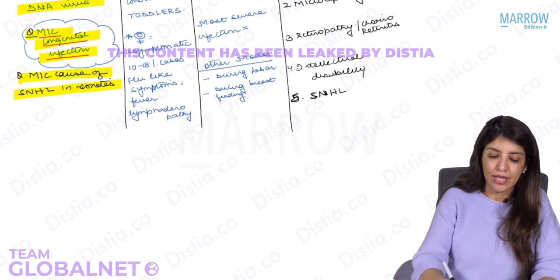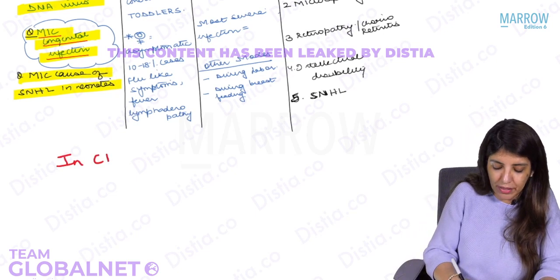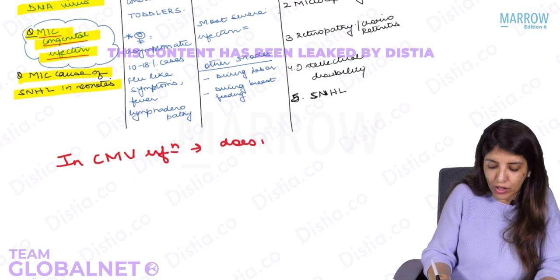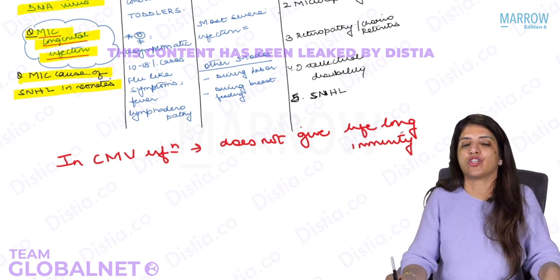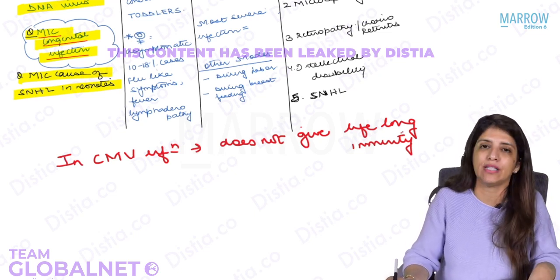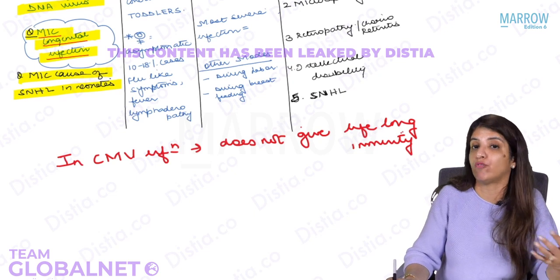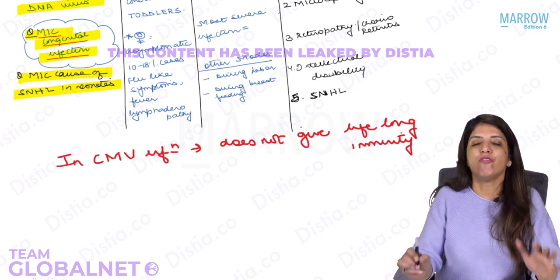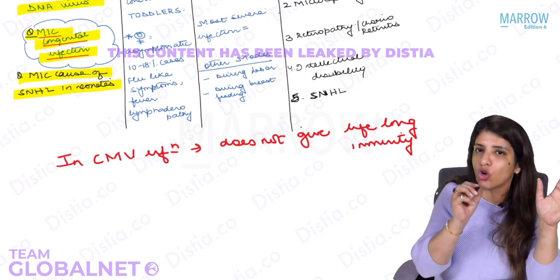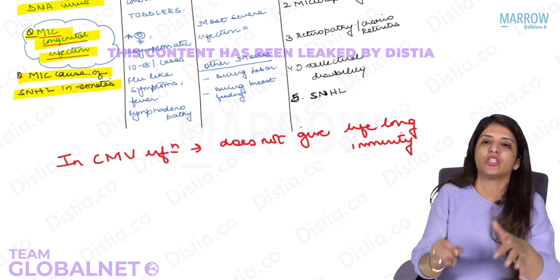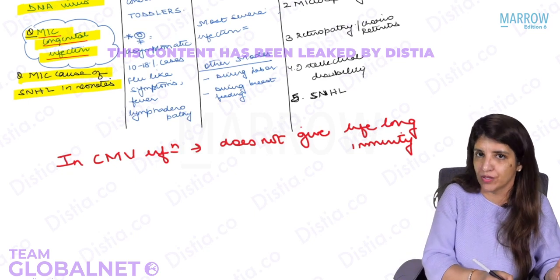Now, in cytomegalovirus, please remember, virus infection does not give lifelong immunity. This is in contrast to all other infections, where if infection has happened once and antibodies are present, it confers lifelong immunity. So if a pregnant female has already had cytomegalovirus, it does not mean that in this pregnancy she cannot have a cytomegalovirus infection.